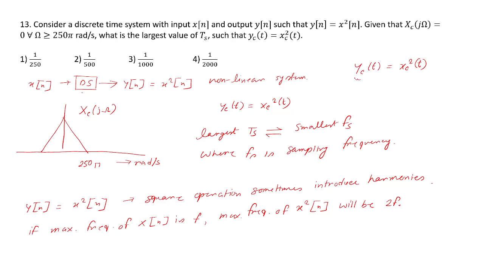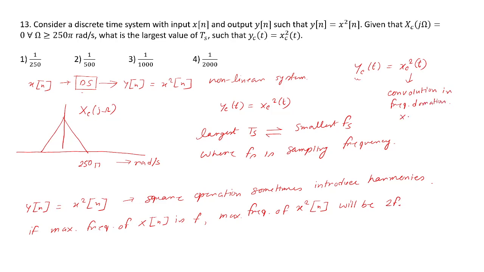So basically you have to consider, if xc is band limited to, now okay, let me just show here. Multiplication in time domain results into convolution in frequency domain.